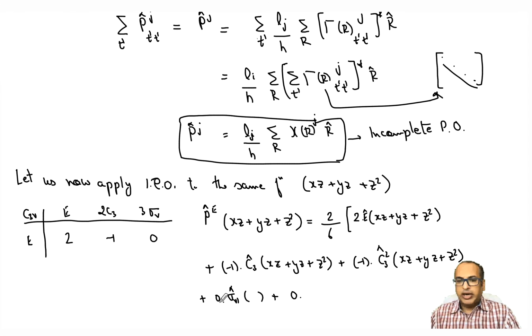But here the trace is 0. So basically that does not contribute to the calculation at all. Sigma v2 on the function plus 0 into sigma v3 on the function, and the bracket is closed, right?